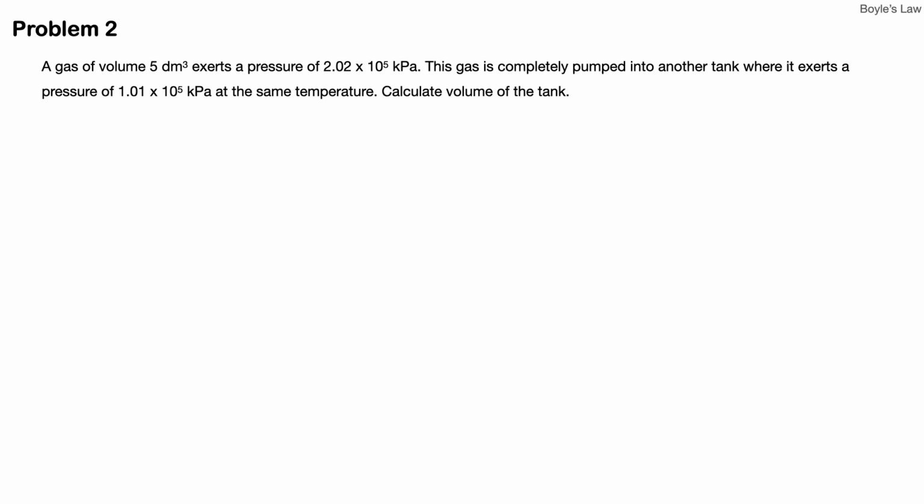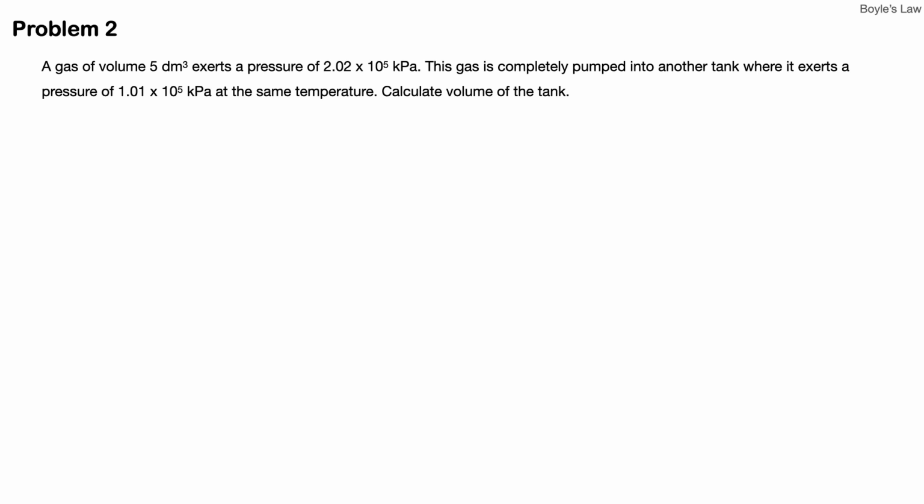This example states that a gas of volume 5 cubic decimeters, you must remain careful with the units, exerts a pressure of 2.02 times 10 raised to the power 5 kilopascals.